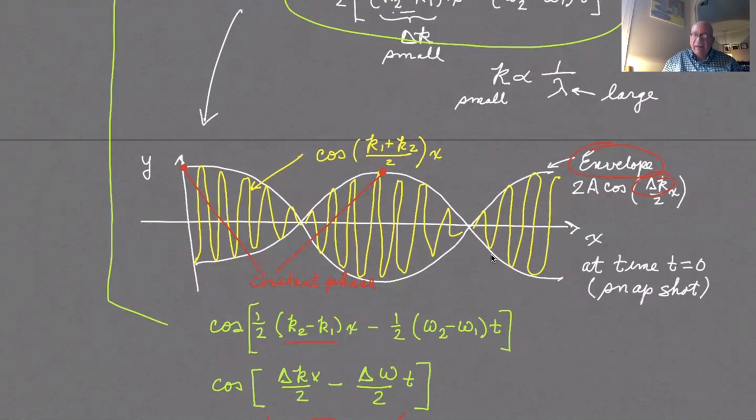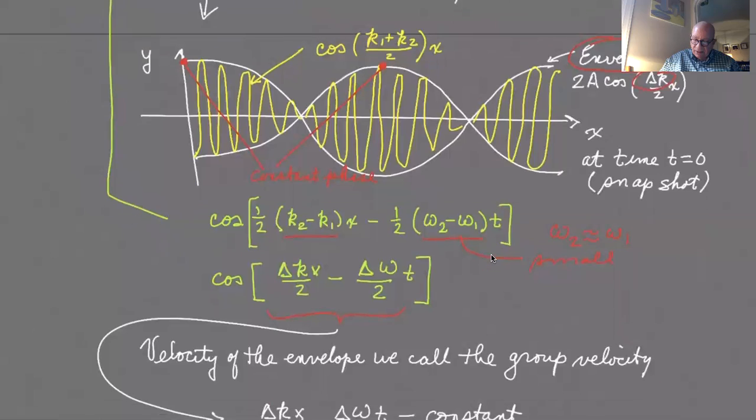And if we would allow that to evolve in time, it would have an angular frequency of omega 2 minus omega 1. Now remember, omega 2 is approximately equal to omega 1, which means that this difference is very small.